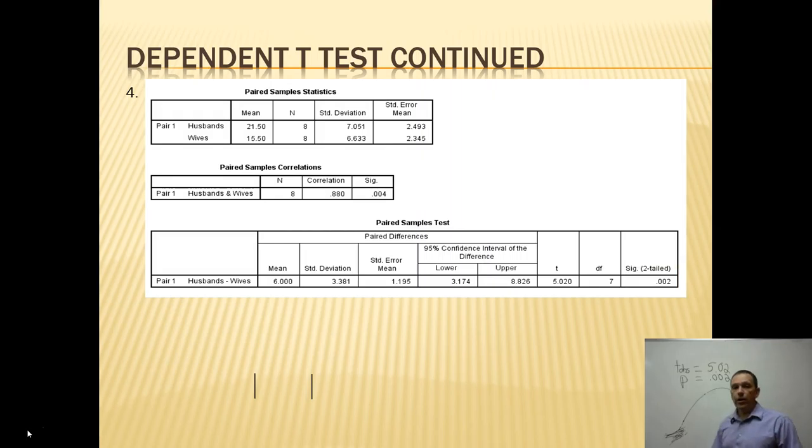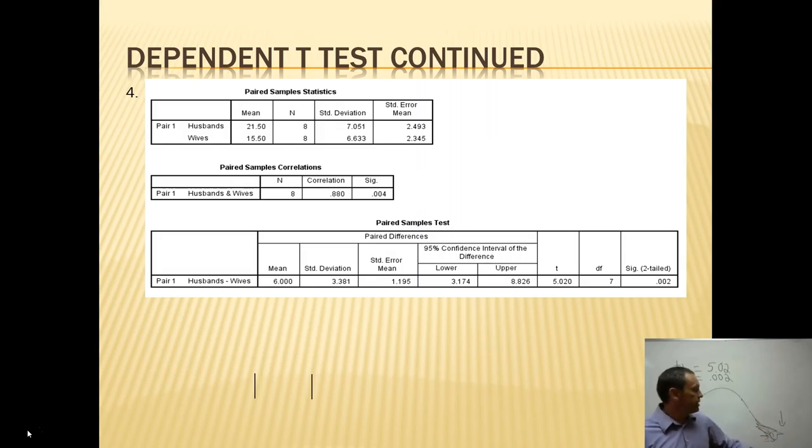So as I have encouraged you to do all along, let's put this where it would be on the chart. If this is 0.025, where is 0.002? It's going to be somewhere out here, way out here. Let's just say somewhere right there. So if our p-value is 0.002, is it in this shaded region?